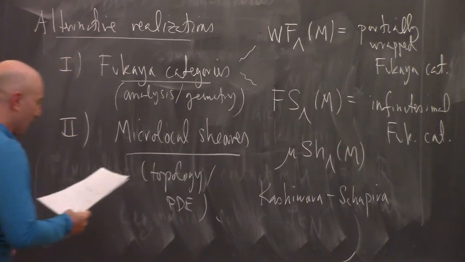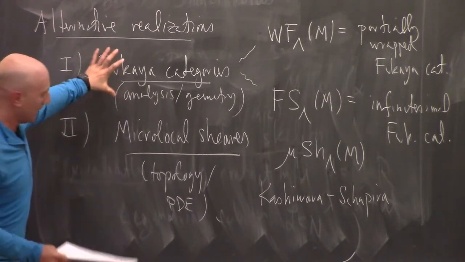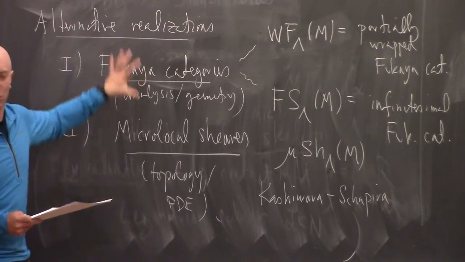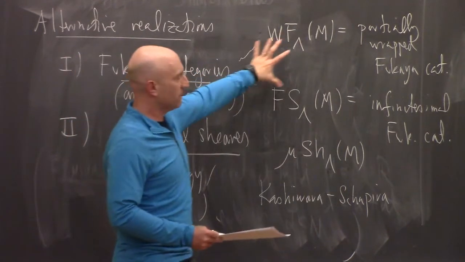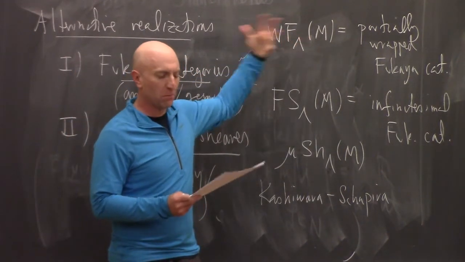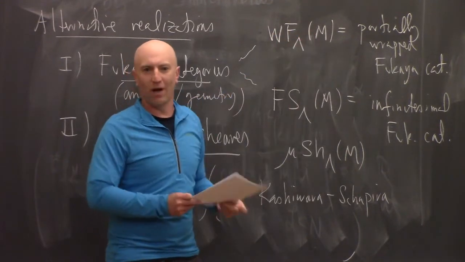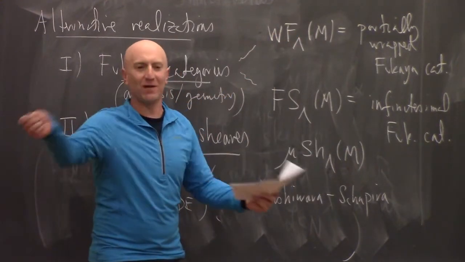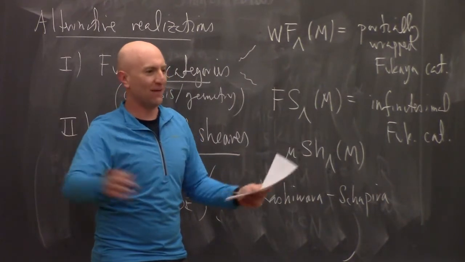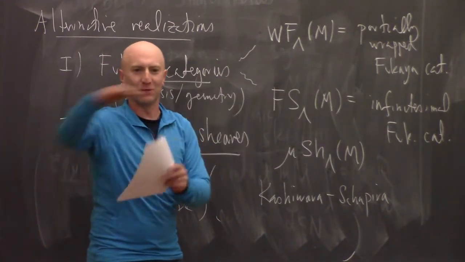Okay, so let me just make a comment about what I see as the benefits and the drawbacks of these two definitions. The benefit of this definition is that it's completely intuitive. When I draw a Lagrangian submanifold, like there it is, I know exactly if it's wrapping that way or if it's moving this way.